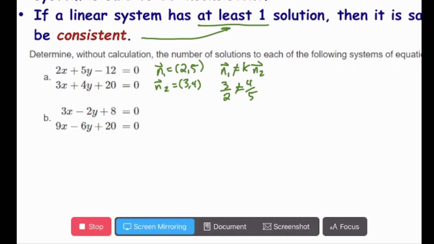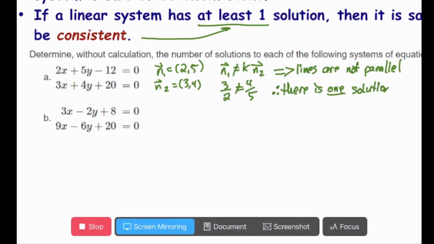We see that the lines are not parallel because their normal vectors are not scalar multiples of each other, which would also tell us that their direction vectors are not scalar multiples of each other. If they are not parallel, they will intersect at least once. So therefore, there is one solution. They will intersect at a single point.